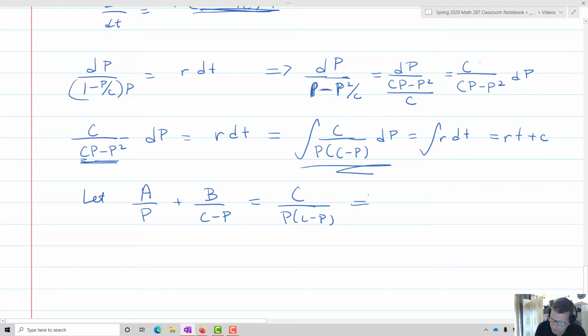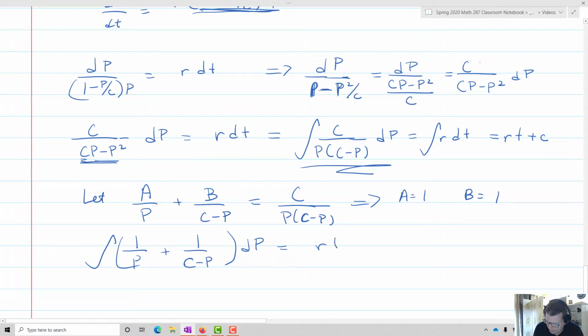And it turns out when we use partial fractions, we end up getting that a equals 1 and b equals 1 as well. So we'll end up getting the integral of 1 over p plus 1 over c minus p dp equals rt plus c.